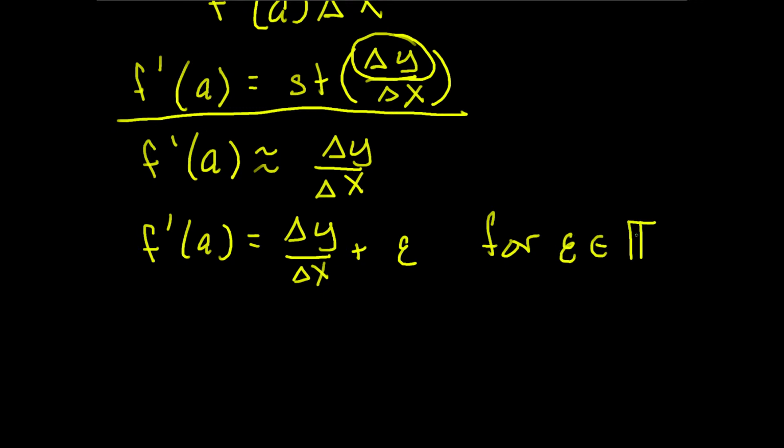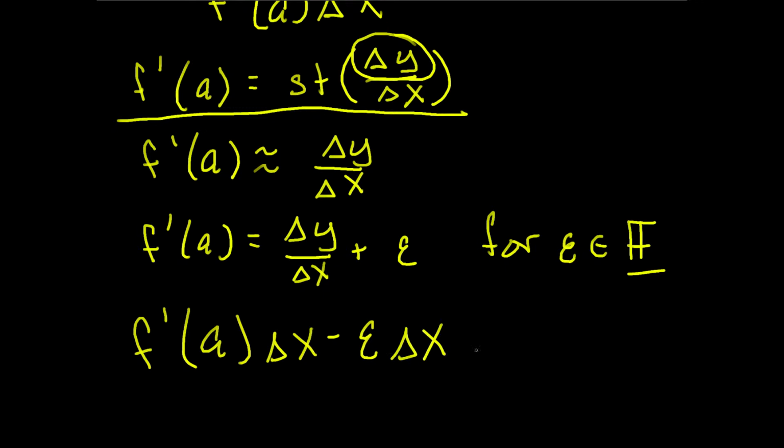I don't know what the infinitesimal is, but for this all to be true, for the derivative to be the standard part, means the derivative is infinitely close to delta y over delta x, which means that the derivative must be delta y over delta x plus some infinitesimal. So solving for delta y in here, I multiply by delta x, so I get that f prime of a delta x plus epsilon delta x is equal to delta y.